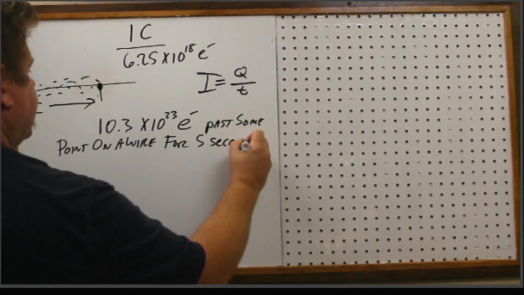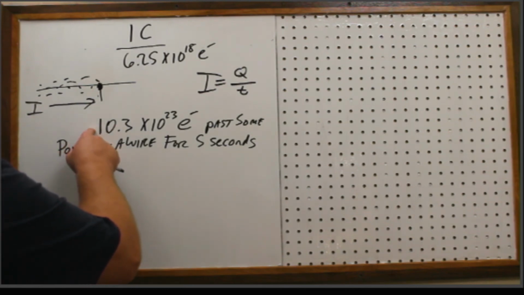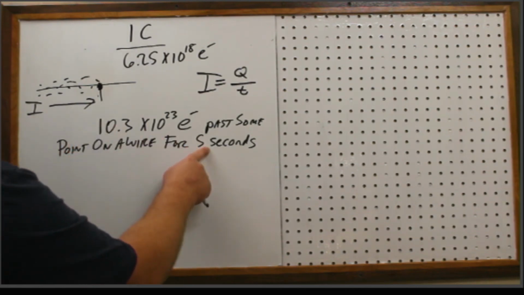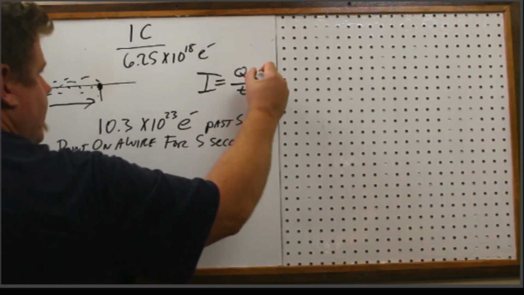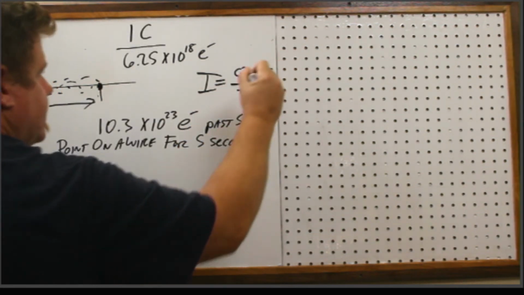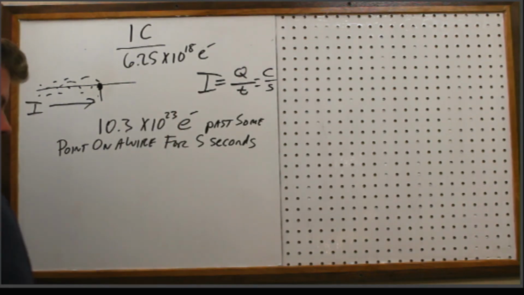So that's what we saw. We counted that many going down this wire here, and we want to know how much current that is. Okay, what's the rate? So the first thing we need to do is not take this divided by 5 seconds, but we need to convert this into coulombs first, because this up here, the units are coulombs per second. So you have to convert this into coulombs first, so that's what we'll do.